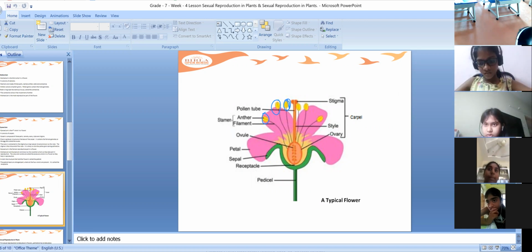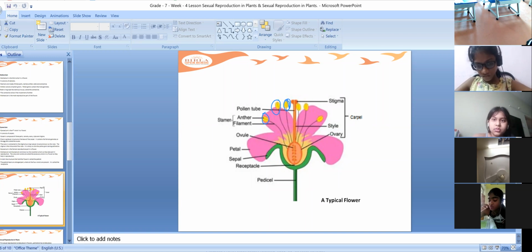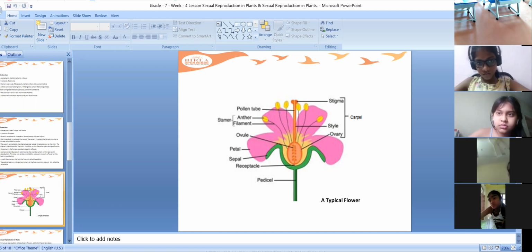So they transfer these pollen grains to another flower. When these insects sit on another flower, they transfer the pollen grains there, where cross pollination or the reproduction takes place.